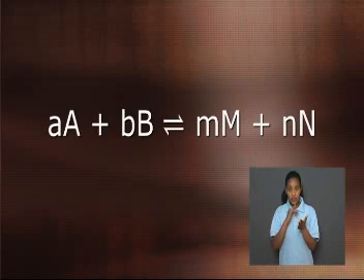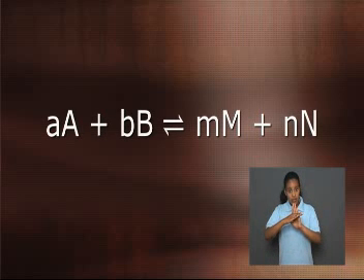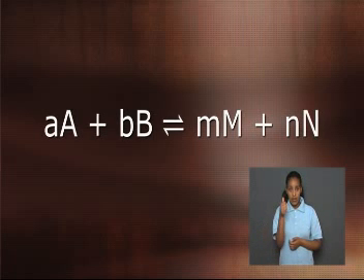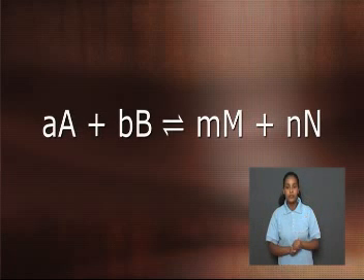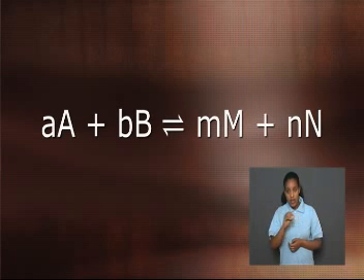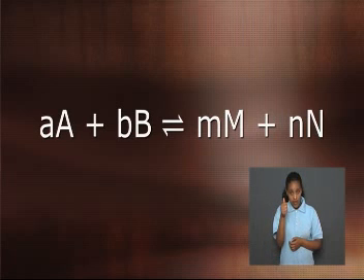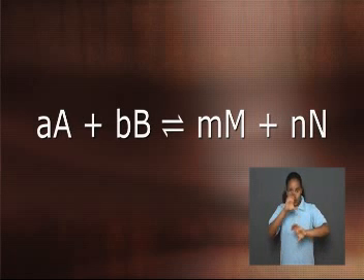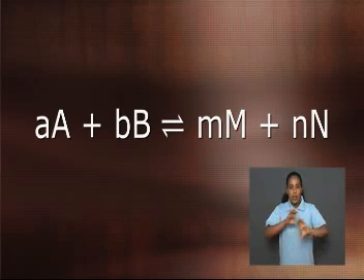This is the general equation that represents a reversible reaction. A and B are reactants. M and N are products. And a, b, m, and n are stoichiometric coefficients of the balanced chemical equation.